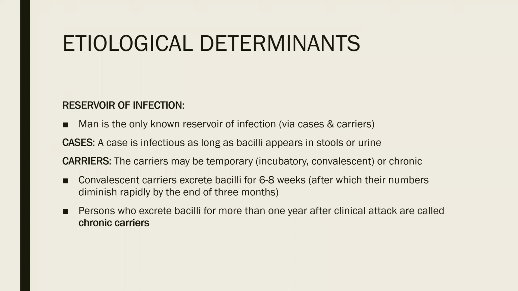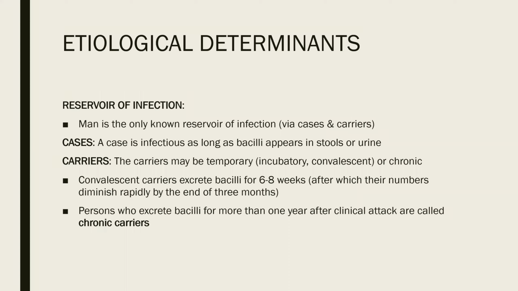And then the carriers. Basically, there may be temporary carriers or they may be chronic carriers. The temporary carriers have the bacilli in their stool or urine for a period of about 6 to 8 weeks, but for a maximum of 3 months. By 3 months' time, the convalescent carriers, those who are recovering from the illness, tend to have cleared the bacilli completely from their system.